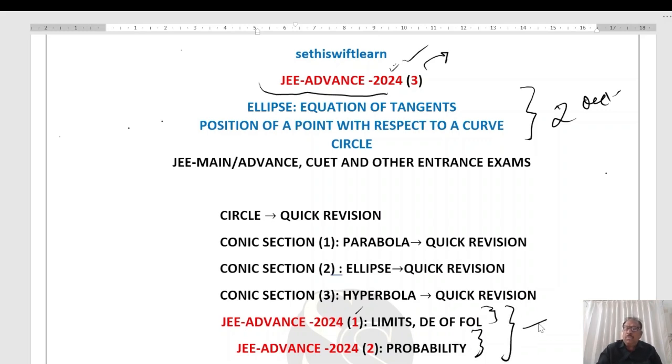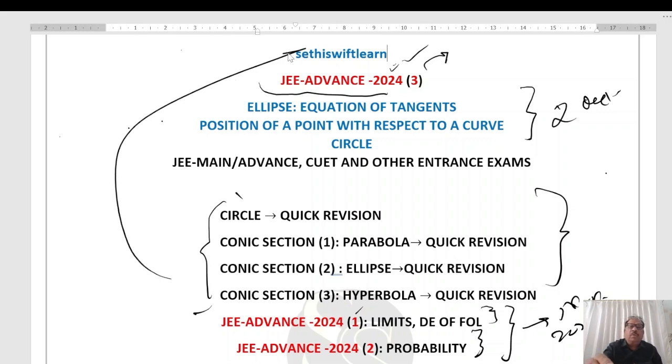All illustrations are taken from JEE Advanced 2024 paper 1. Before going into these two topics, I request you to do a quick revision of circle, conic sections, parabola, ellipse and hyperbola. Those sessions are also available, which you can review on Sethi Swift Learn.